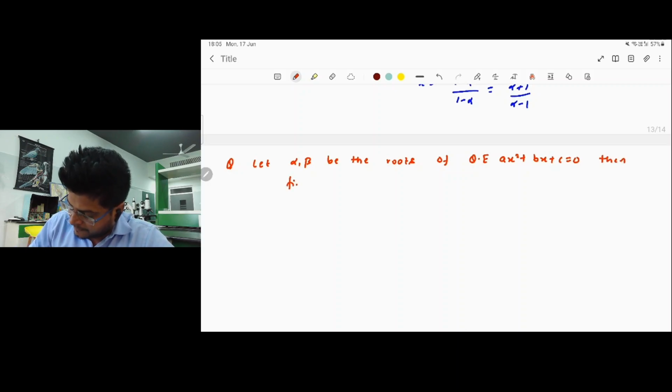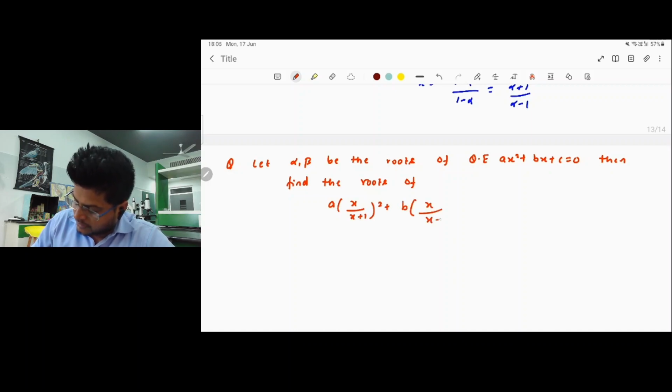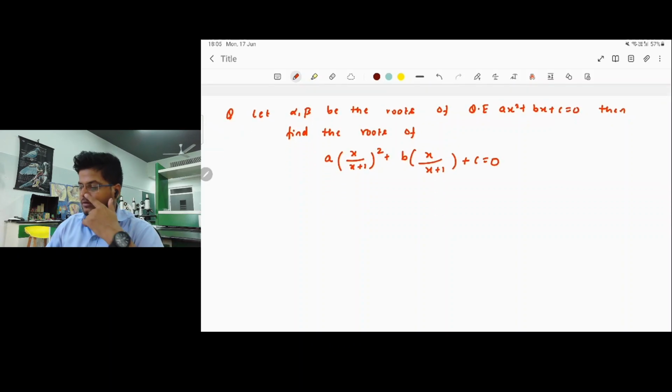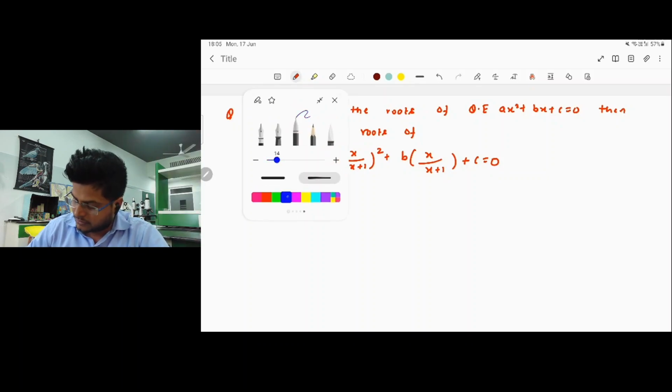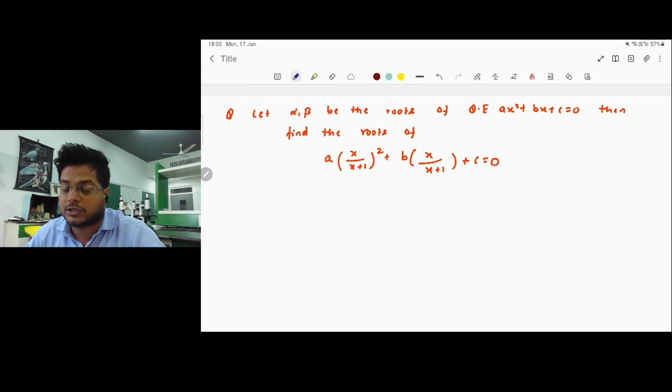Then find the roots of a times x by x plus 1 whole square plus b times x by x plus 1 plus c equals 0. Okay. So how are you going to approach this question? Again, pause the video, solve it. At least for this question, definitely pause the video, solve it, and come and check your answer.